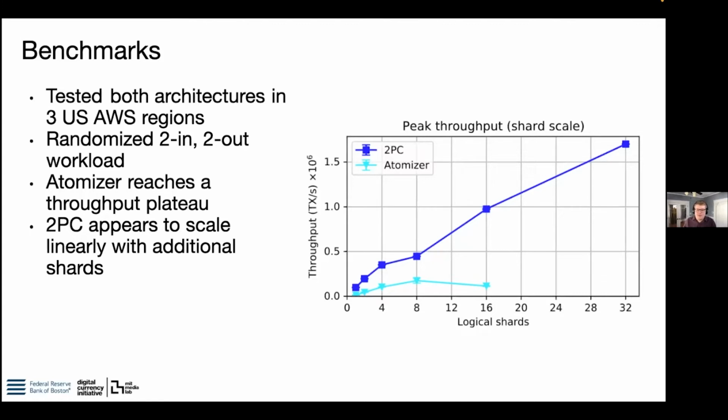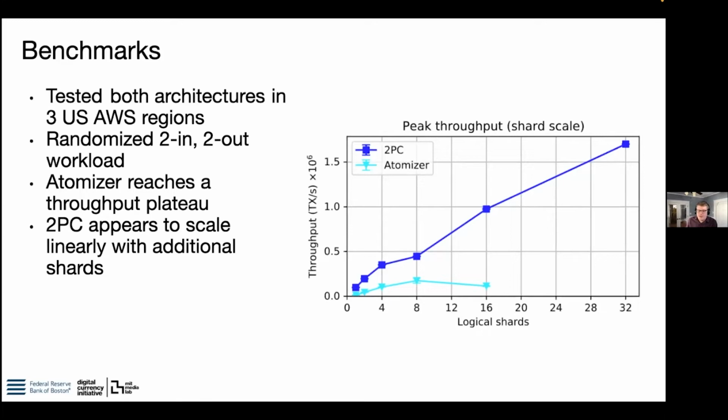And what we found is that as we increase the number of shards and the number of sentinels in each system, and also increase the load, the Atomizer really reaches a throughput plateau. You can see from the plot there, we were able to achieve the peak throughput with 8 shards in the Atomizer configuration, and we were really only able to get around 170,000 transactions per second out of the Atomizer. And that's because the Atomizer service ends up being a bottleneck.